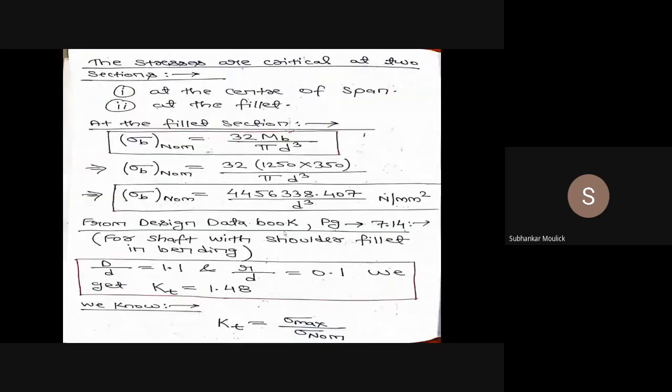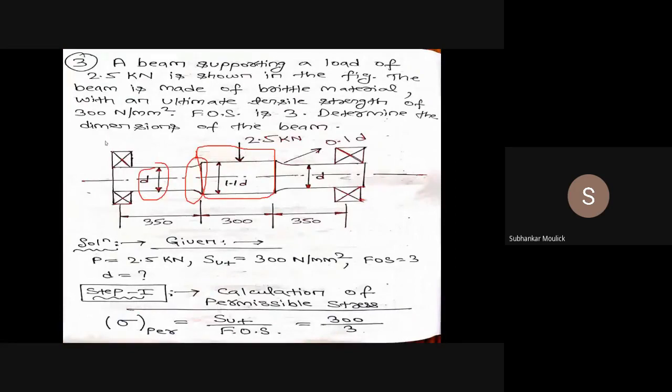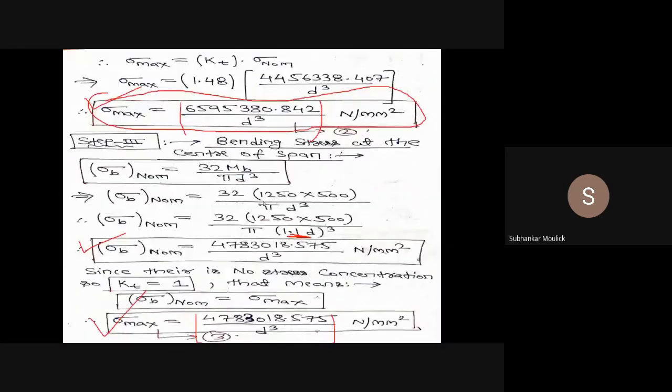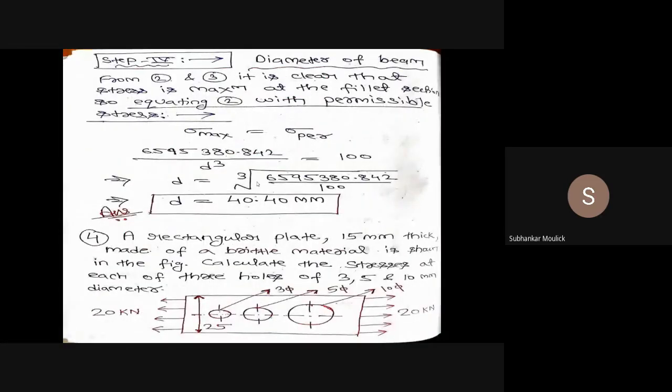That means while designing this particular type of beam, which consists stress concentration, minimum diameter of the shaft should be 40.40 mm. Not less than 40.40 mm. If you make the diameter of the shaft less than 40.40 mm, your shaft will fail due to stress concentration. Is it clear?